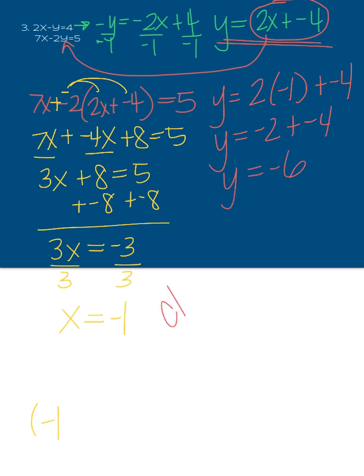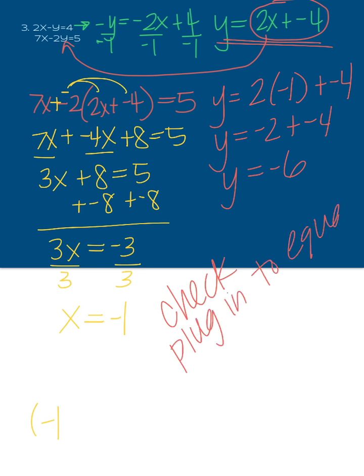One way that you can check is you can plug in two equations and see if they become true. So your final answer here is -1, -6. So that check part would look something like this.